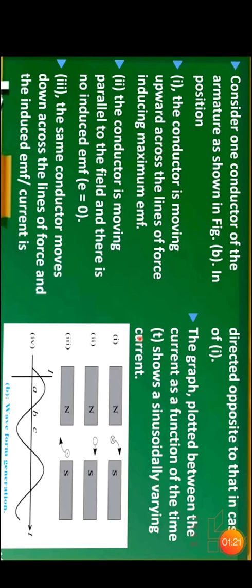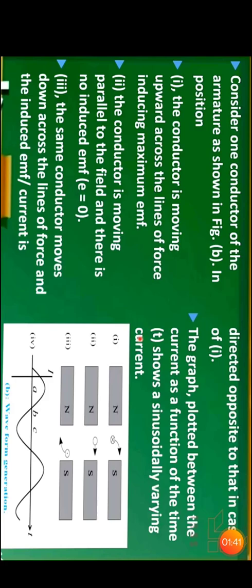When the armature reaches the next position, the conductor is moving parallel to the field and there is no induced EMF, that is E is equal to 0.